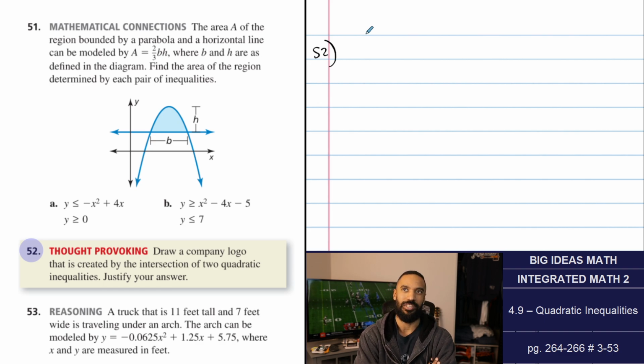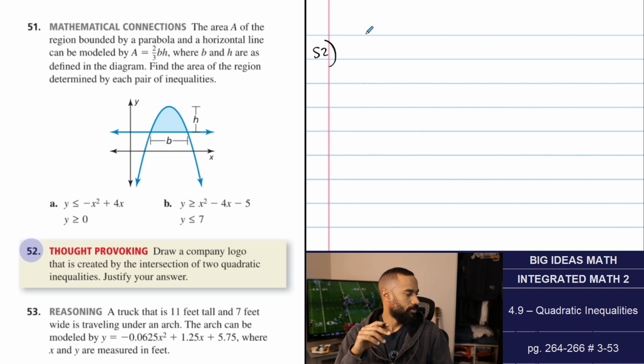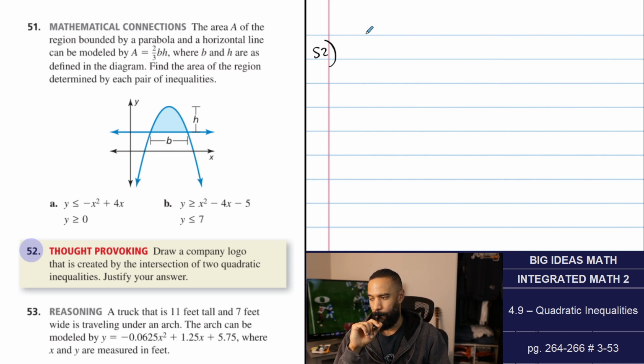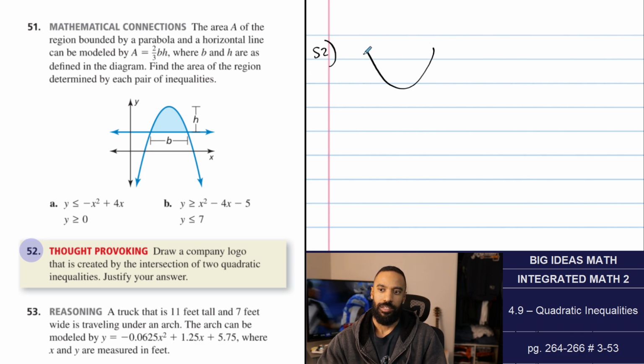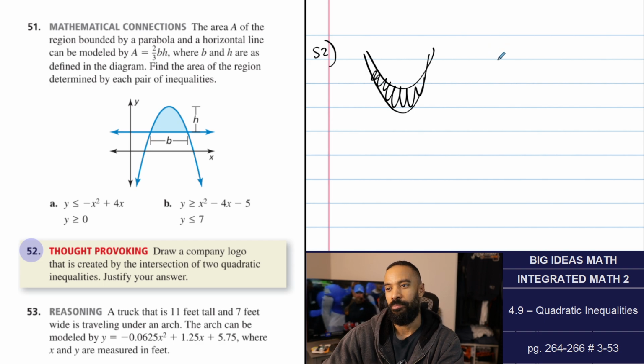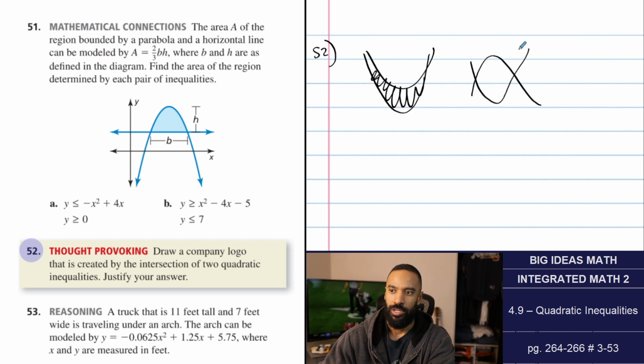That's not symmetric. Under Armour. McDonald's. I'm trying to think of ones that have the same shape together. So maybe if I sketch some things out, I'll get one that works.